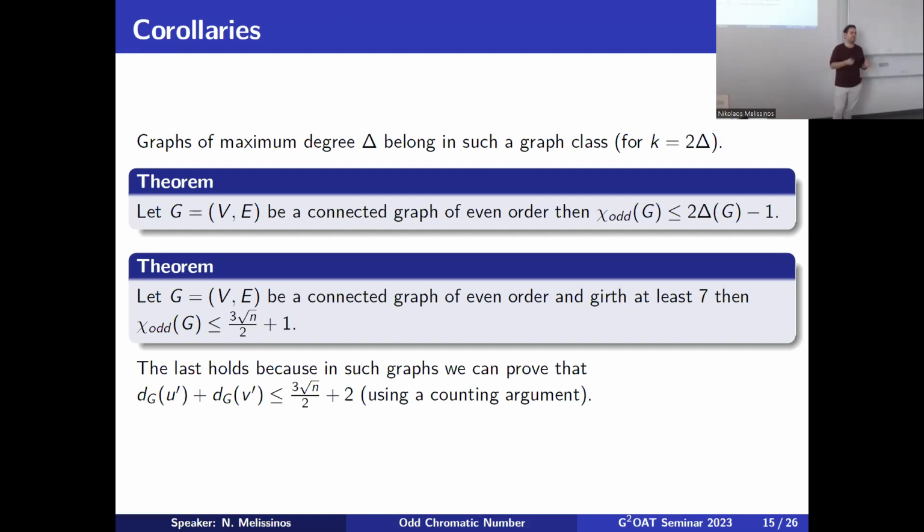And this basically comes from a counting argument where you consider the girth, count the number of vertices that appear, and you manage to show that there exist two neighborhood vertices that always have this upper bound on the sum of their degrees, and using again the previous theorem.